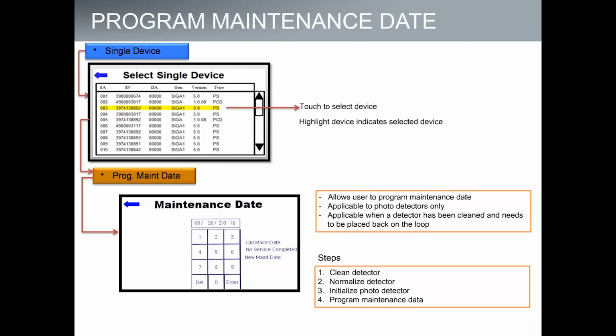Next, enter the new date, which has a format of month, day, year, year. And you can do this when using the keypad on the screen. Next, press Enter to complete the action. Pressing the back arrow will allow you to return to the single device menu screen.